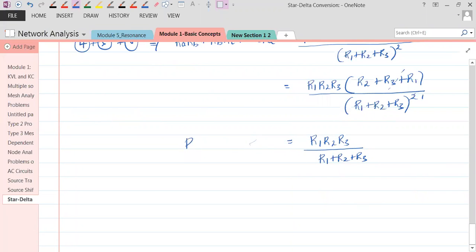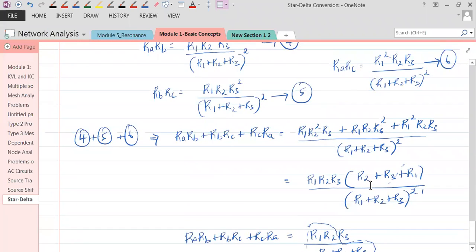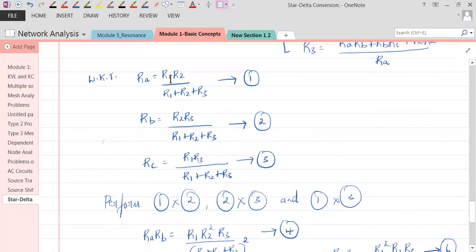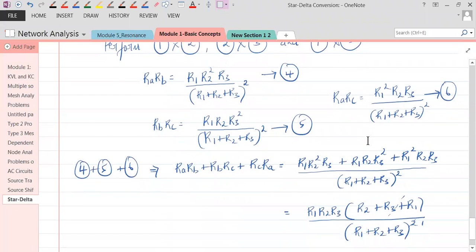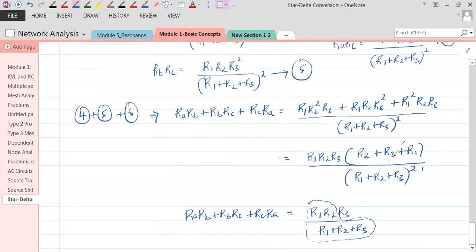What is this? This is RA, RB plus RB, RC plus RC, RA. Now what is this? Can you make out? R1, R2 divided by R1 plus R2 plus R3. See here, R1, R2 divided by R1 plus R2 plus R3, that is RA, isn't it?